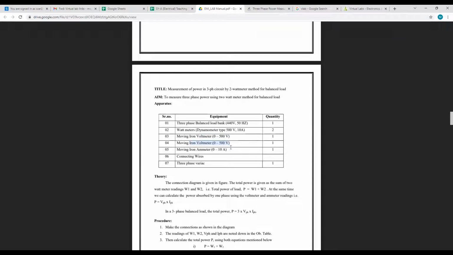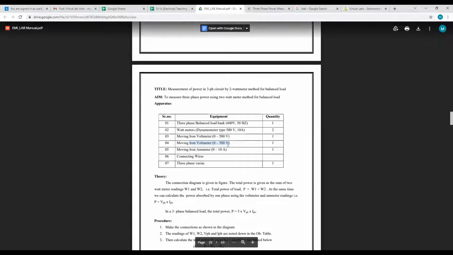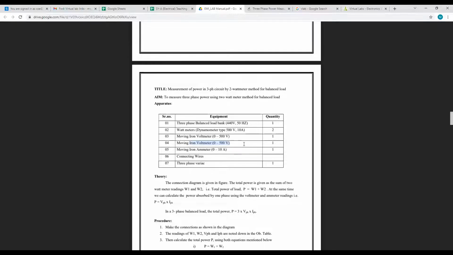How many voltmeters? 2 voltmeters are required, to measure 2 line voltages, or only 1 voltmeter is enough for the balanced load. And 1 ammeter, current भी measure करना है हमको. 1 ammeter ही चाहिए. And to do the connections, ammeter to voltmeter, voltmeter to load, connecting wires are necessary.